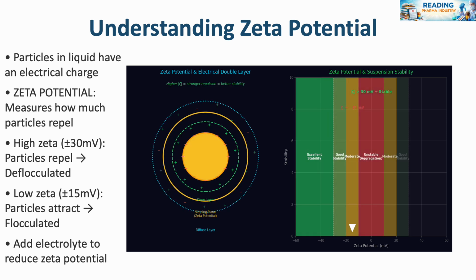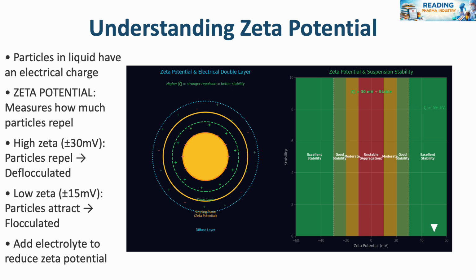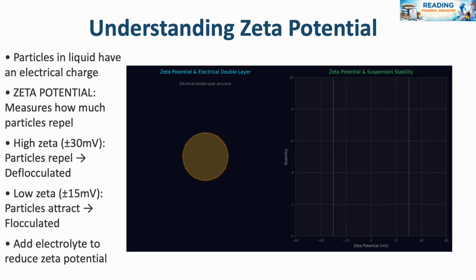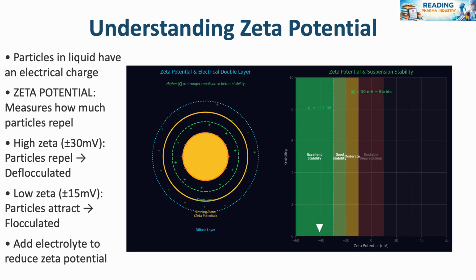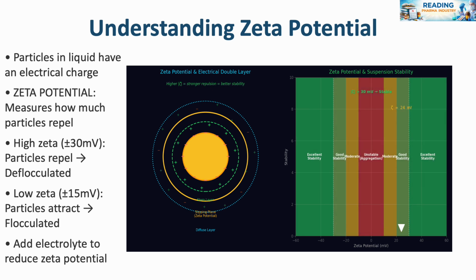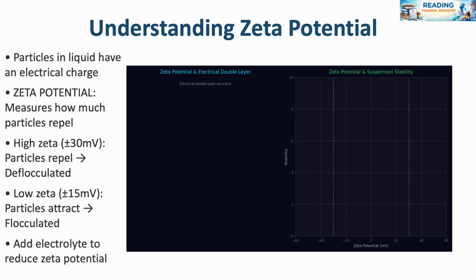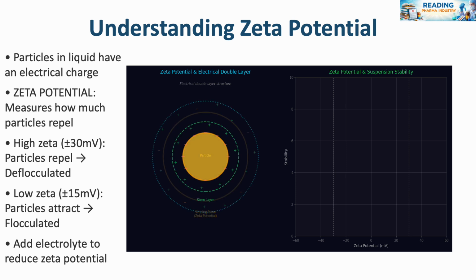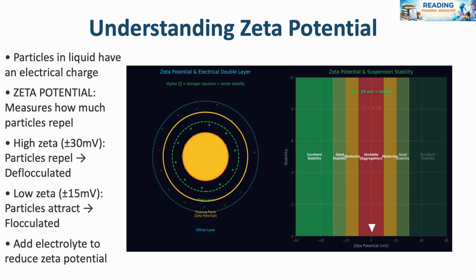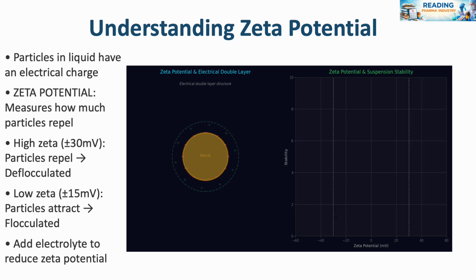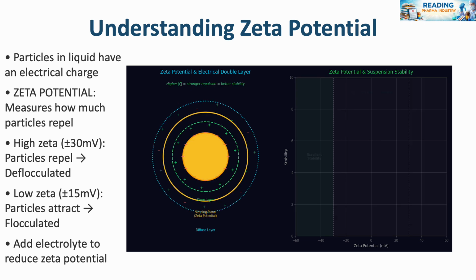As you can see in this diagram, the particle has a charge on its surface. You will have a bound layer of charges, and then something called the diffuse layer.